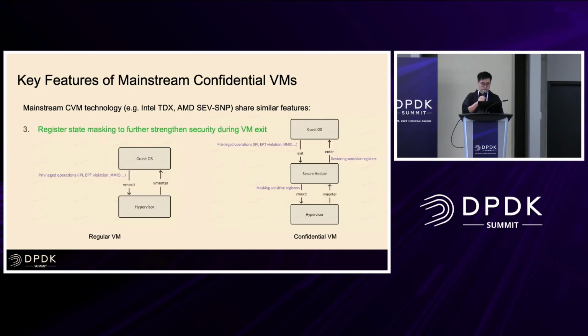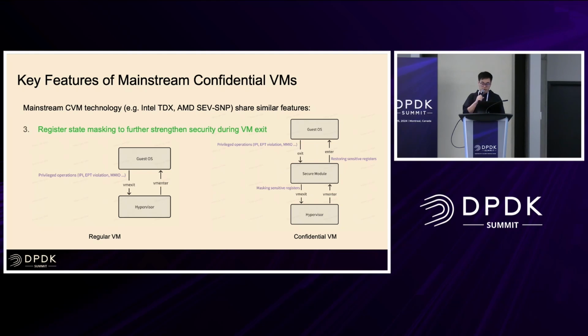And then there's also a new secure module for the VM exit path in the case of CVM. What we had before is that a VM exit occurs when the host is trying to do some privileged operations, and the hypervisor handles it before running VM enter to return to the VM context.